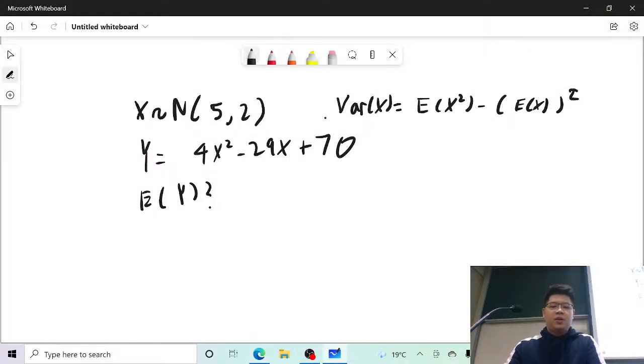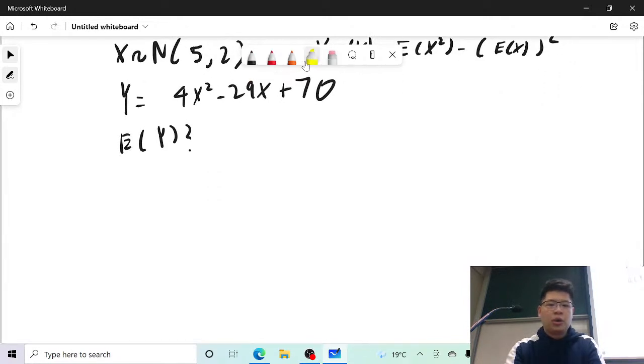This is where it's very important to remember again that we have tools to help us, and we don't need to stress too much about what y is. So let's write it down. The expected value of y is going to be the expected value of this complex looking term here.